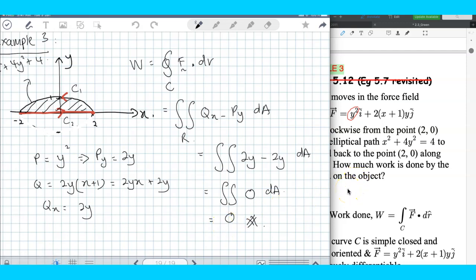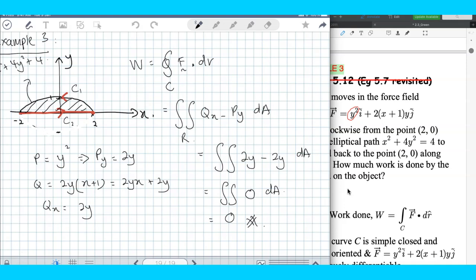Meaning that in the exam, if you are given a vector field and they ask you to evaluate the line integral for some specific C, the first thing that you must do is every time check for a conservative vector field, even though they don't ask for it. If it is conservative, then there are many things that can be simplified.